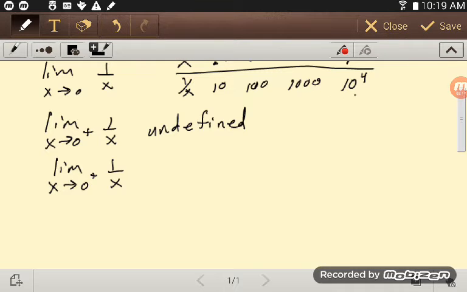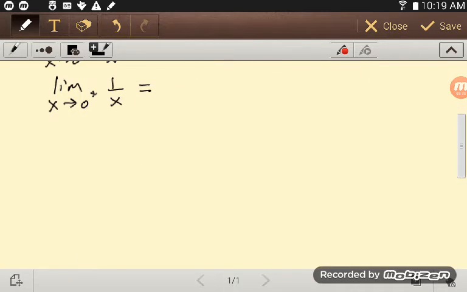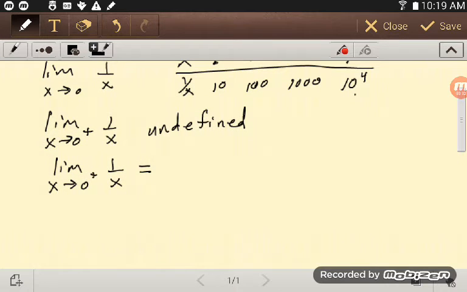We have the same sort of thing in math, where this limit, as we move towards 0 from the right of 1 over x, is undefined. Things grow without bound. Well, if it's undefined, it can't equal anything.